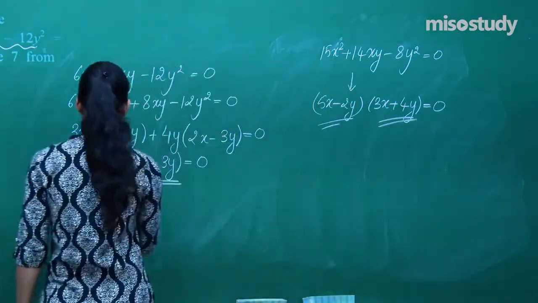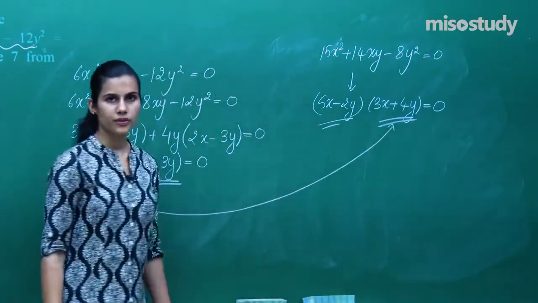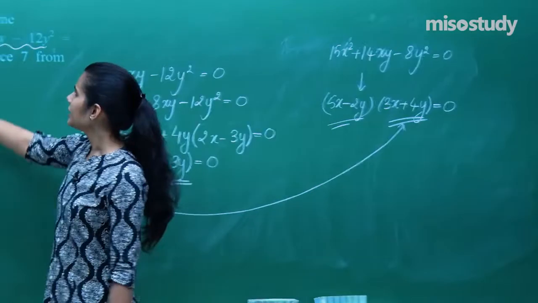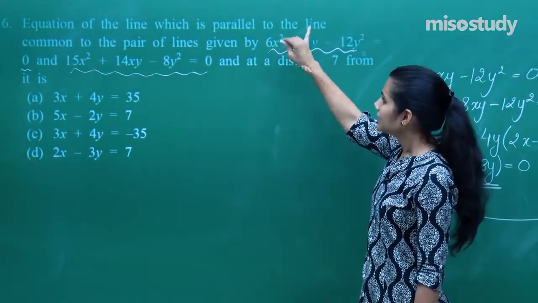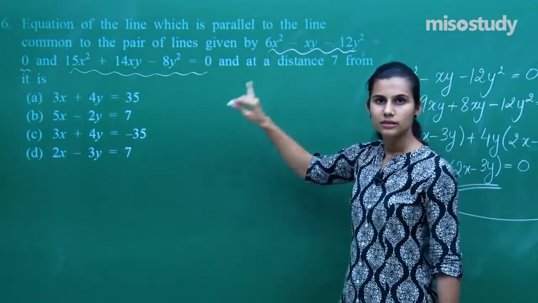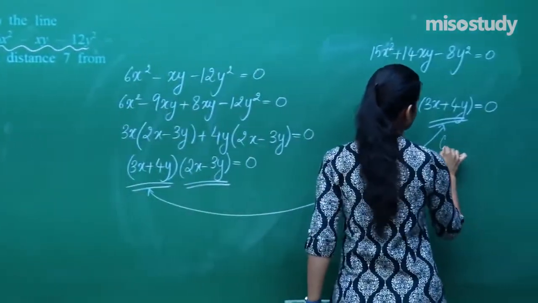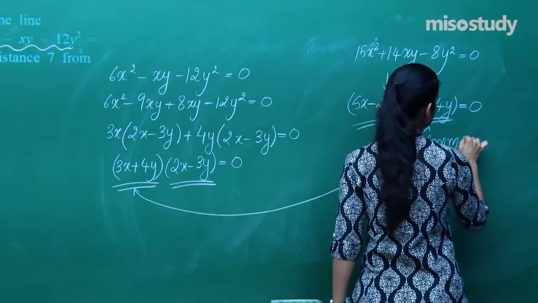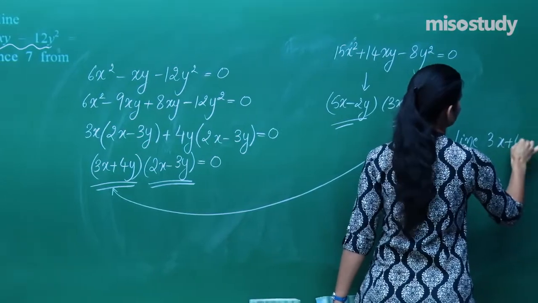Obviously you can see that one line is common to both. I am asking for the equation of the line parallel to the line common to the pair of lines. The common line is 3x plus 4y equals 0.